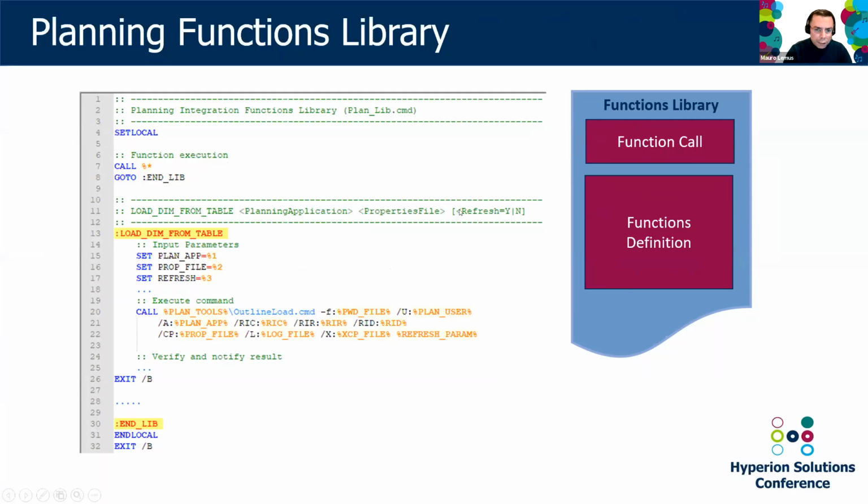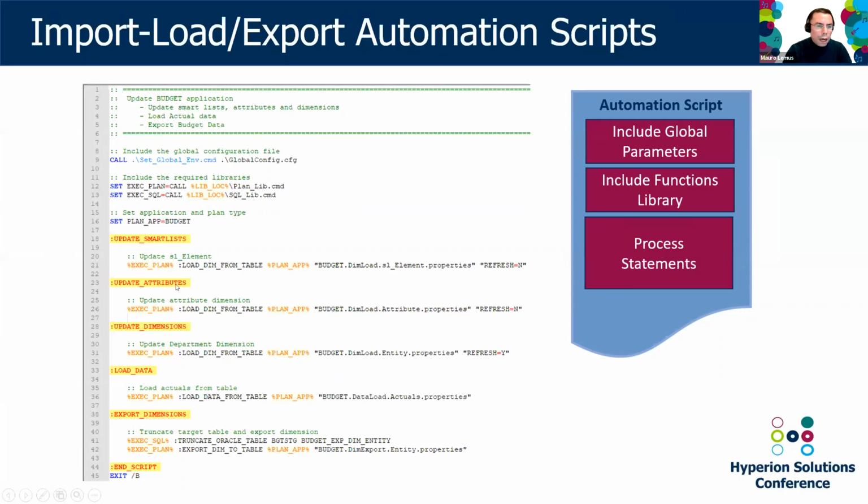Then it uses the rest of the parameters, executes the code, and exits locally. From this point it goes to the end of the library and finishes the process, so we return to where it was called. It's kind of tricky, but you don't have to worry about it if you are using another scripting language that allows you to actually include libraries and make calls to those libraries.